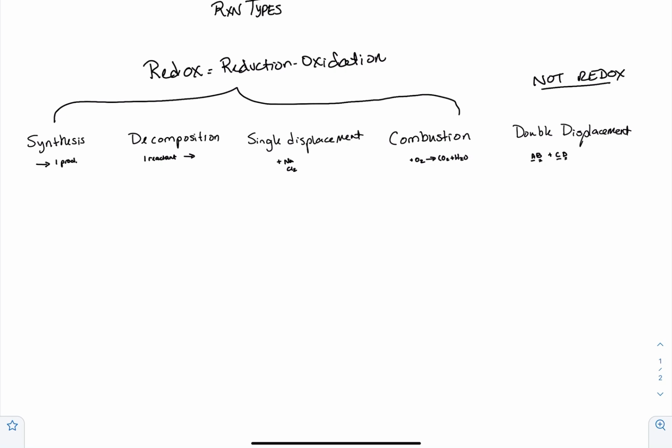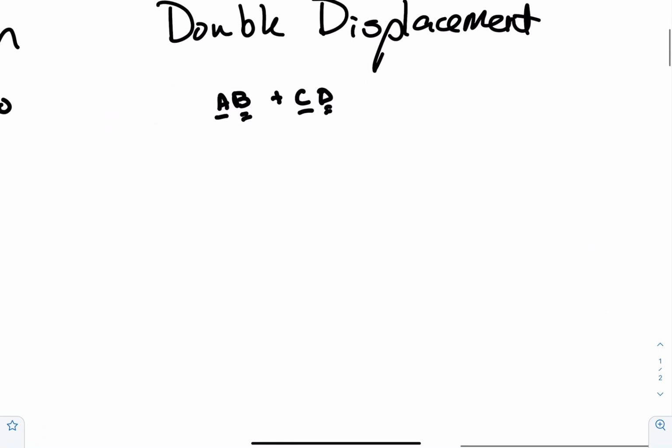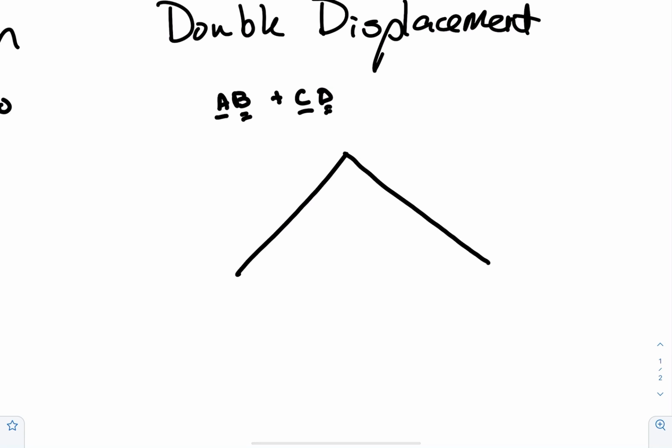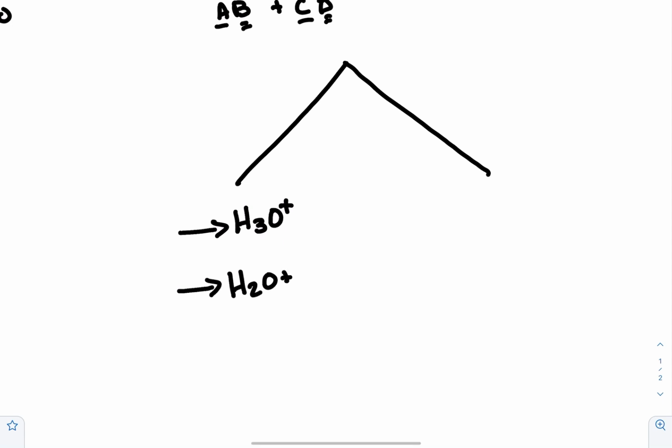Now, I'm going to zoom in on double displacement because it has two subcategories. One of the subcategories is an acid-base reaction. An acid reaction is going to be something that makes H3O plus, or it's going to make water and, I'm going to say, salt.